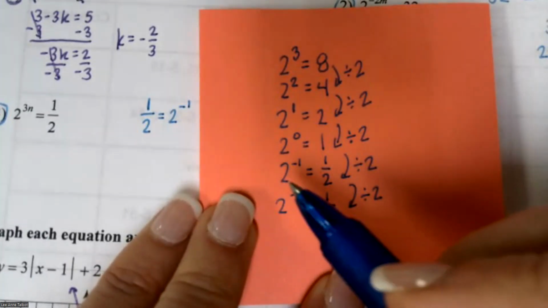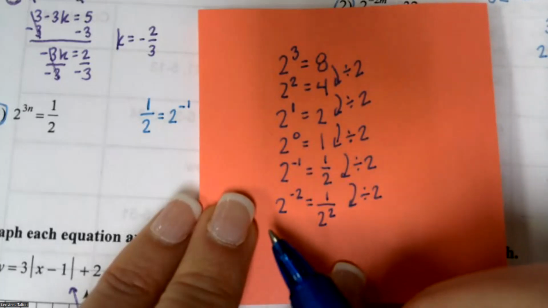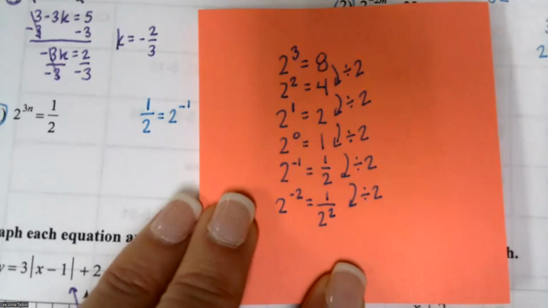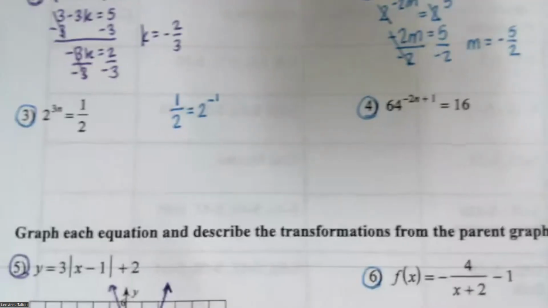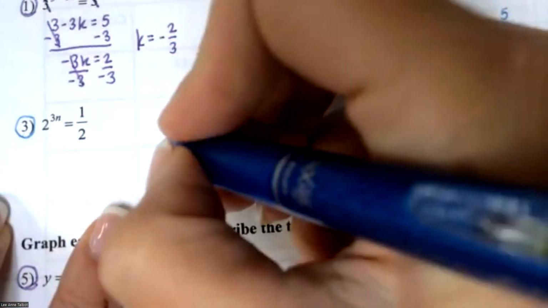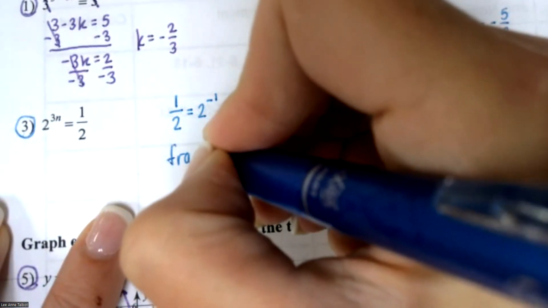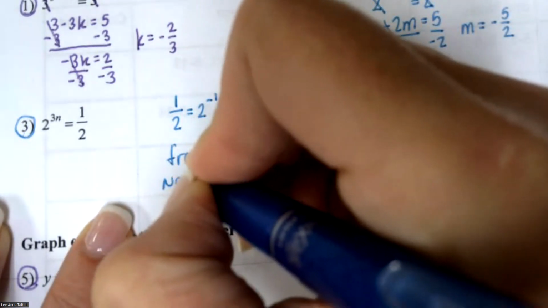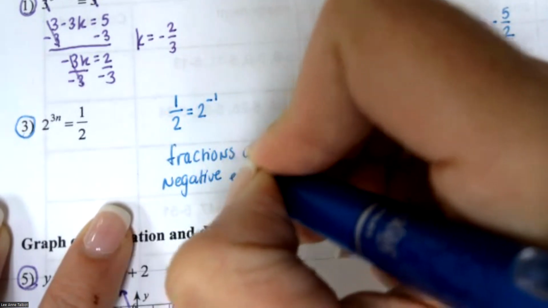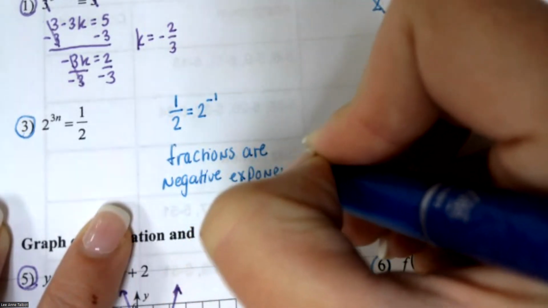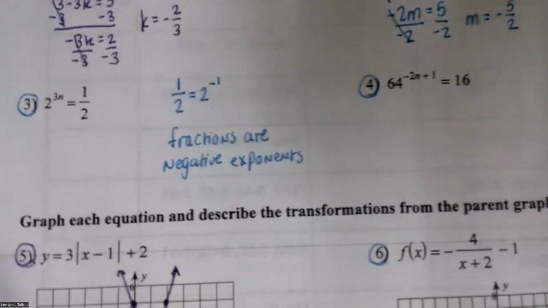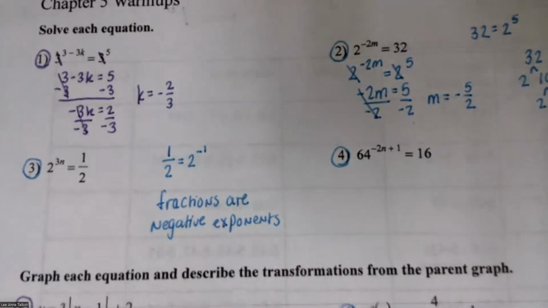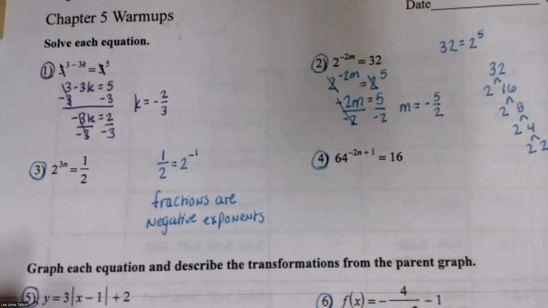What we do in Math 1 class is we establish this pattern and then we say, take the reciprocal and change it to a positive exponent. So we're going to write ourselves a little note here, so you can look back at that whenever you get one of these that has a fraction in it, and say, oh, Mrs. Talbot told me that was going to be a negative exponent.